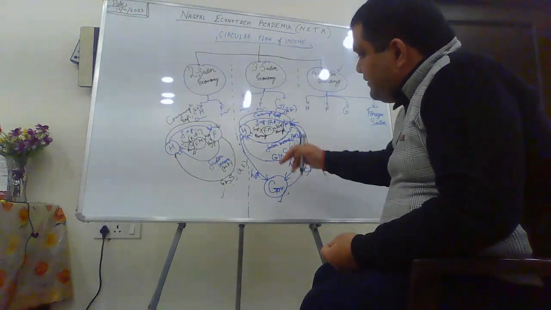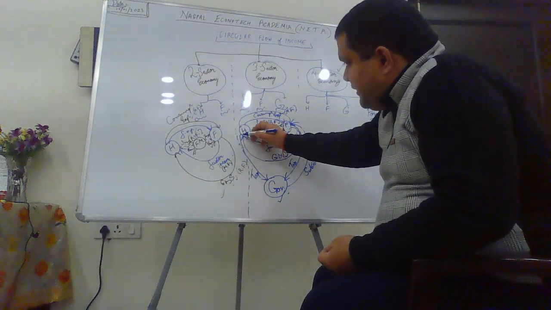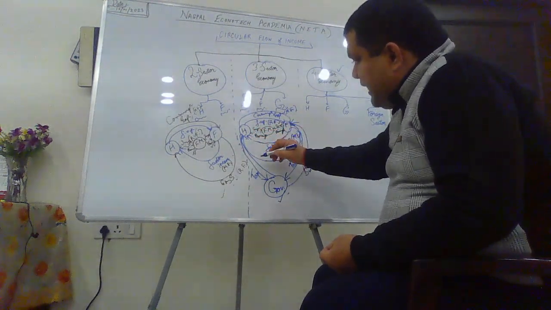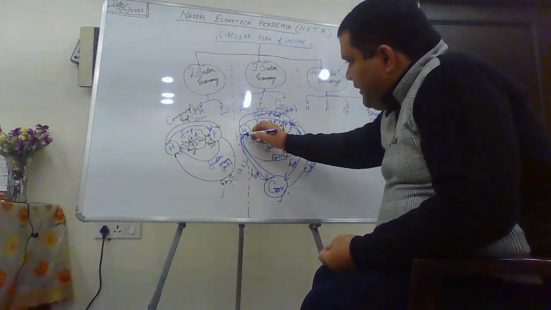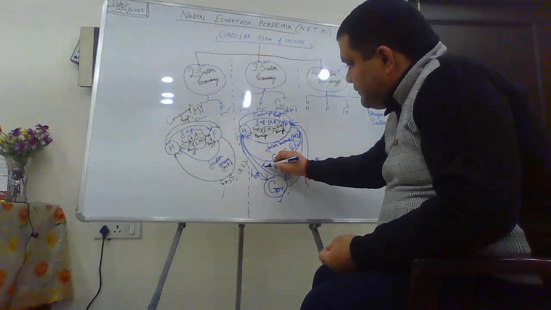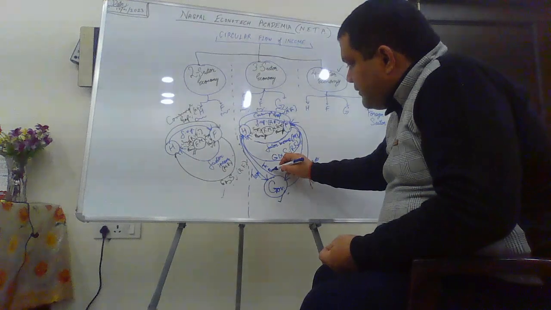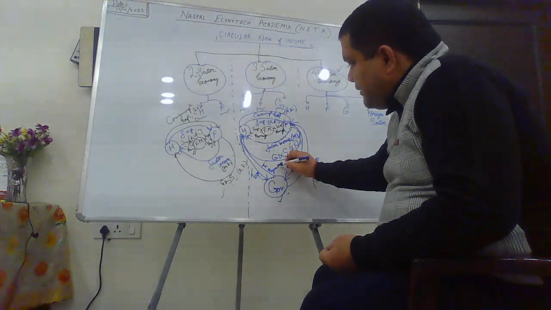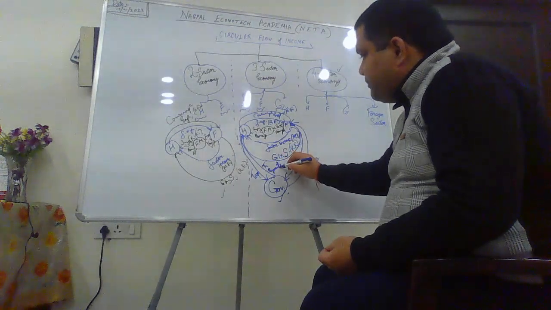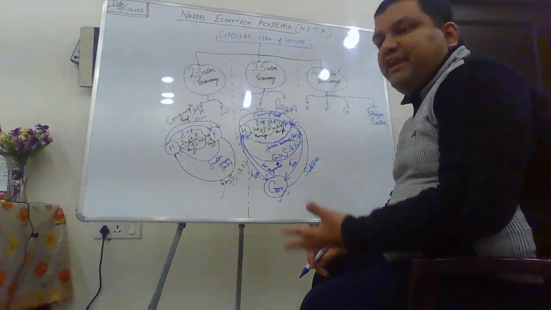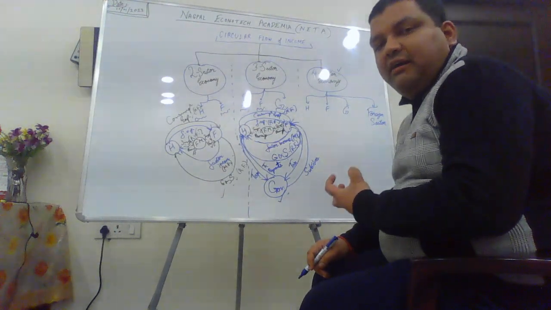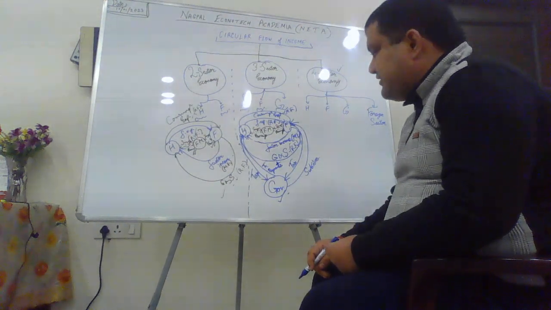And for the household sector, the government has to pay in terms of transfer payments. Transfer payments would be in the form of old age pension and other kinds of benefits offered by the government to the households. Correct?